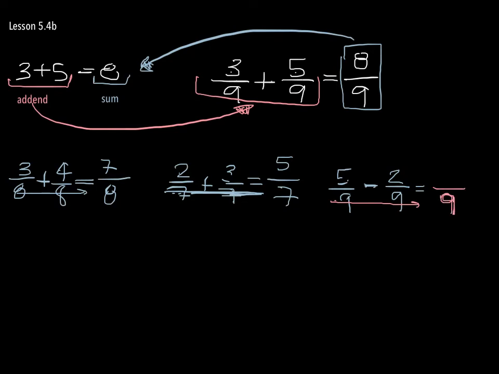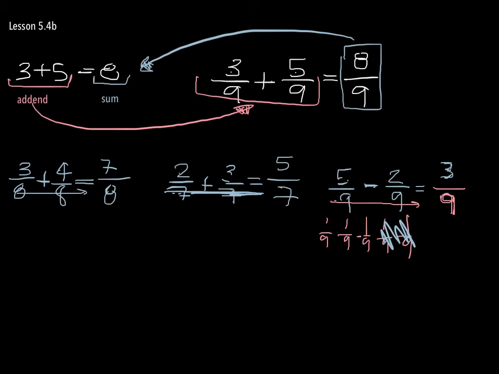And then we're going to take 5/9, so 1/9, 1/9, 1/9, 1/9, 1/9, and we're going to take away 2/9, and what we're going to be left with is 3/9. Or I can take 5 minus 2 and get 3. Okay? So that's how it's going to work. It's just like normal addition and subtraction, only we're putting it above a line.